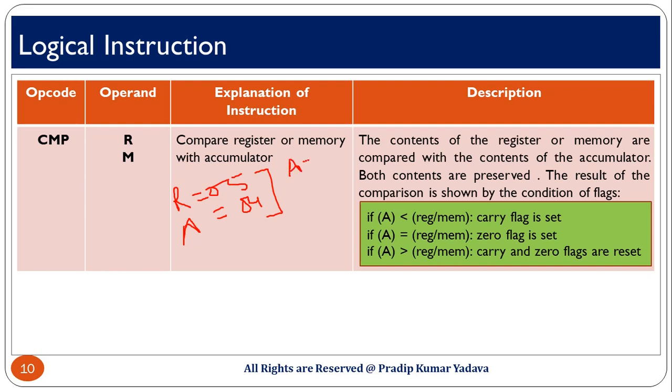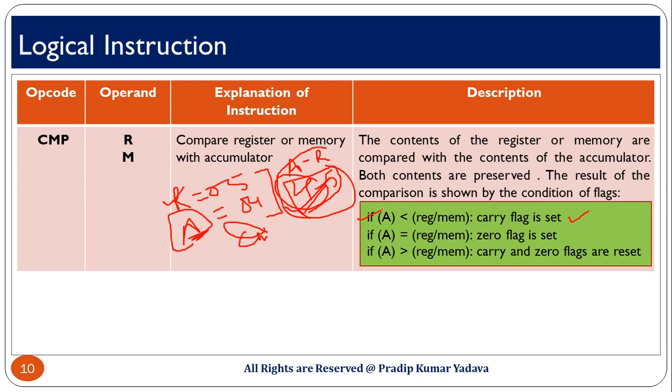A subtraction operation occurs from the accumulator, A minus R, and if you perform 4 minus 5, we know easily this cannot be subtracted, meaning you have to take a borrow. In this case the carry flag is set, meaning the content of the accumulator is smaller than the content of the register or memory. So this is the first condition.